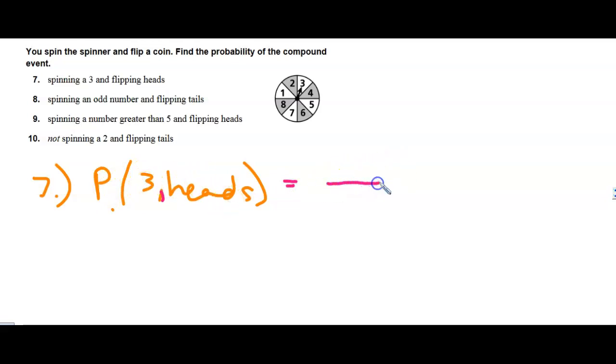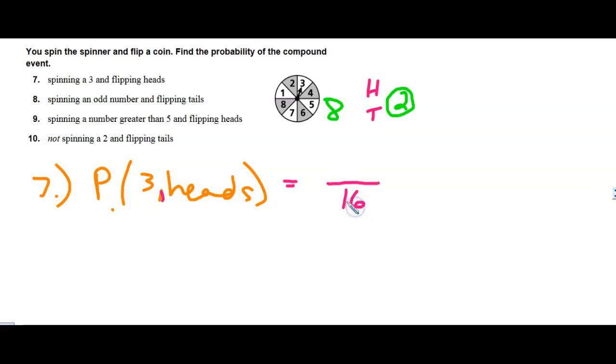So the probability of spinning a 3 and flipping a heads. Well, flipping a coin, we can either have heads or tails, so there's two possible outcomes. We're going to use the fundamental counting principle to identify how many total outcomes we have. When I look at the spinner, there are 8 possible outcomes. Spinning the spinner and flipping a coin is going to give us a total of 16 outcomes. So our denominator is going to be 16.